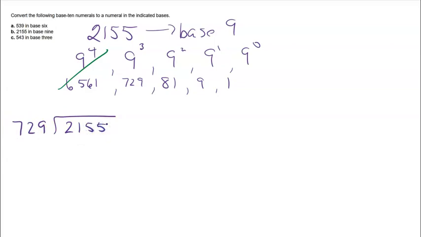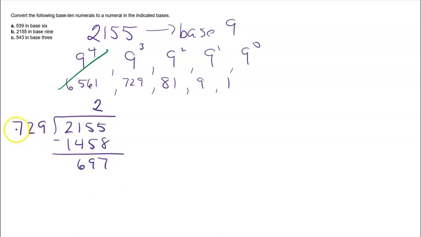Now, I'm going to type that in my calculator. 2,155 divided by 729 is 2 and some decimal. Now, we don't care about that decimal part. We just want to know how many whole times. So then 2 times 729 is 1,458. Remember, the next step for division in our division algorithm is to subtract, and that leaves me 697.